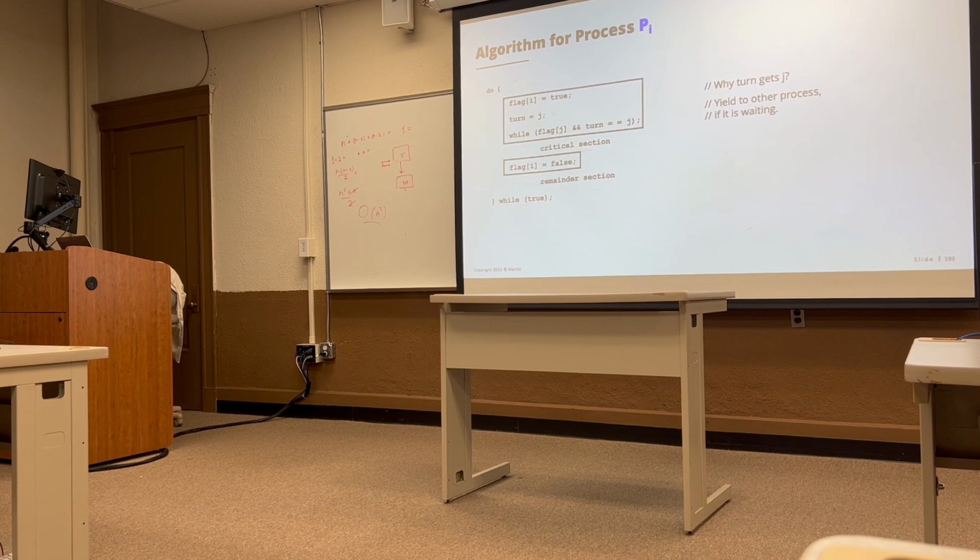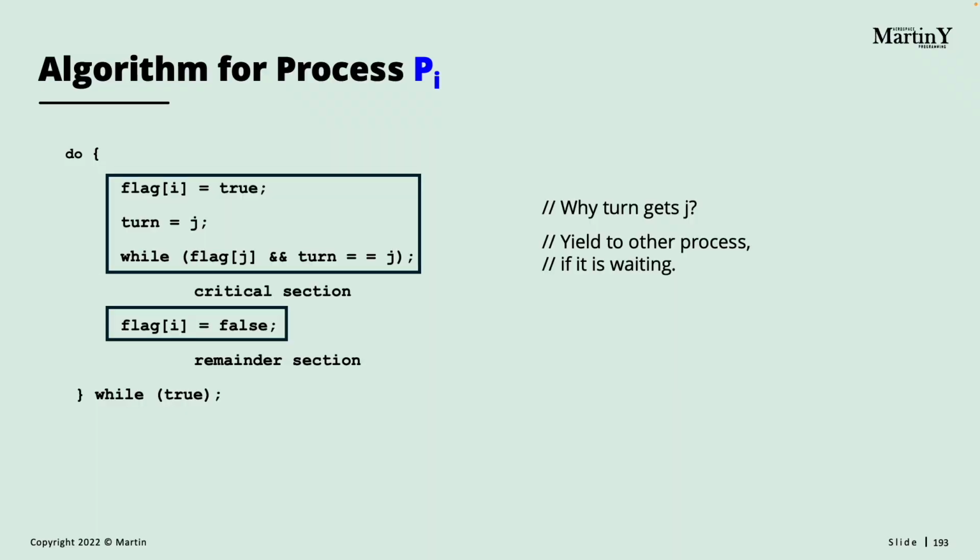So, okay, let's say here this is equal to true, this is equal to true. There cannot be overwriting on the first line, correct? On the second one, let's say turn equals I here and turn equals j there, can they be overridden? They can be, right? So process j will set the turn to I, and then I immediately will set the turn back to j.